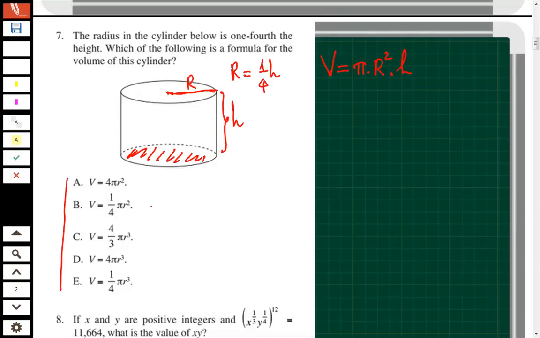We see that there is no H, no height. So we have H equals 4 times R. Substituting in this formula, we have pi times R squared times 4R equals 4 pi times R cubed. It is option O.